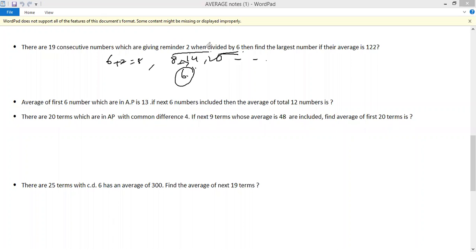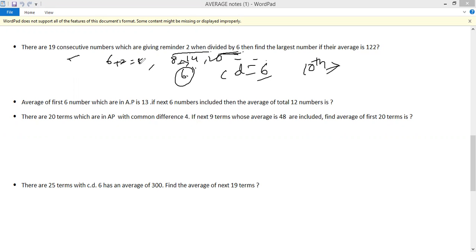We have to infer the information like this. So we got the common difference is 6. How many numbers? 19. So what is the average term? 19 plus 1 by 2, the 10th term is the average term.